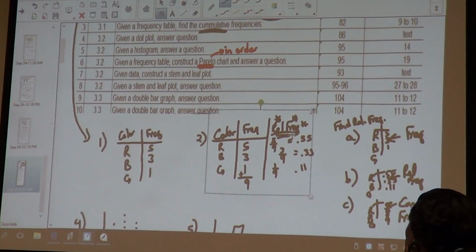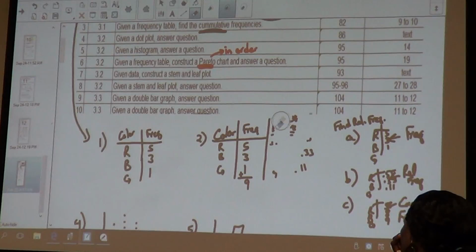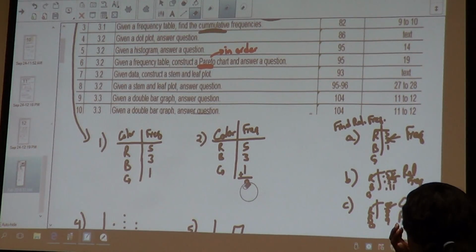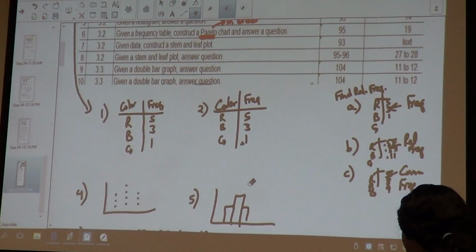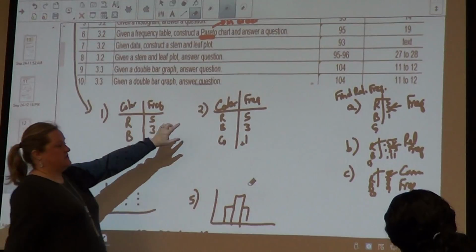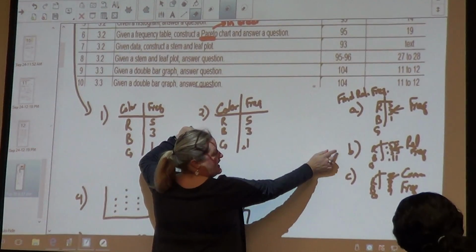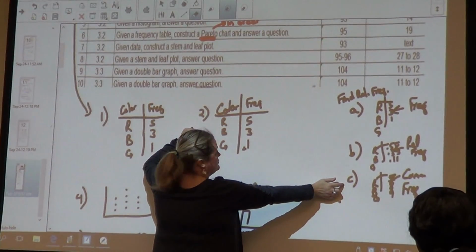And y'all, if I get rid of this for a second, this is saying, for number 2, if I give you this, and the question says find relative frequency, and I give you these multiple choice answers.